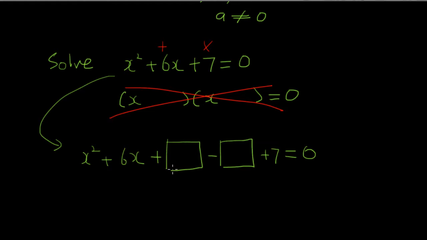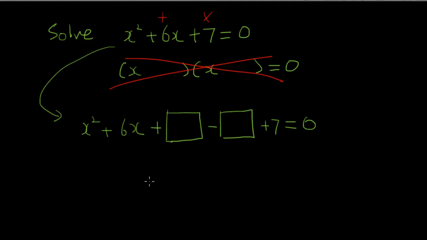We're trying to figure out the number that we're going to put in these two boxes, and we are actually going to put the same number. Because we are putting the same number, technically speaking, these numbers will cancel each other. So we're not really changing anything from the given original equation.